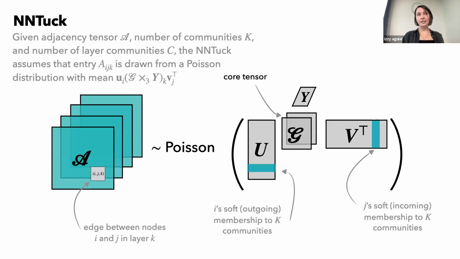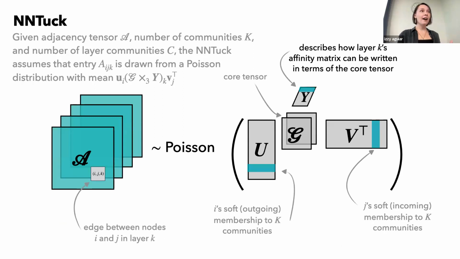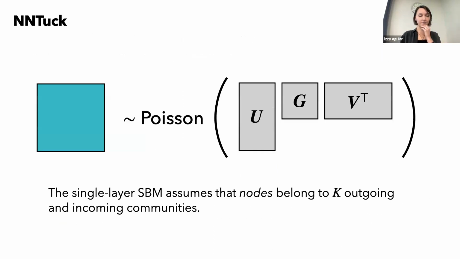Now we have this core tensor G, and then we also have this additional third factor matrix Y, which describes how layer k's affinity matrix can be written in terms of the core tensor. And we'll build up some more intuition about this in a second.